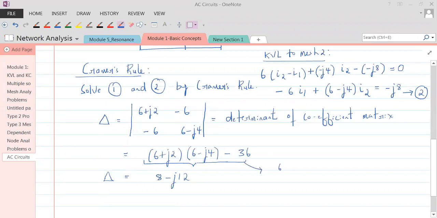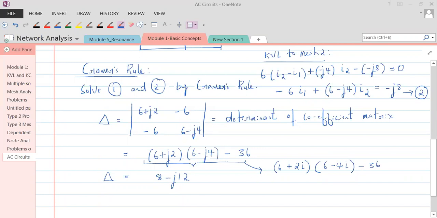Then you open the bracket, type 6 plus 2i, close it, and open another bracket: 6 minus 4i. The j in the calculator is i, but it should come after the number. Then just type minus 36 and press enter.